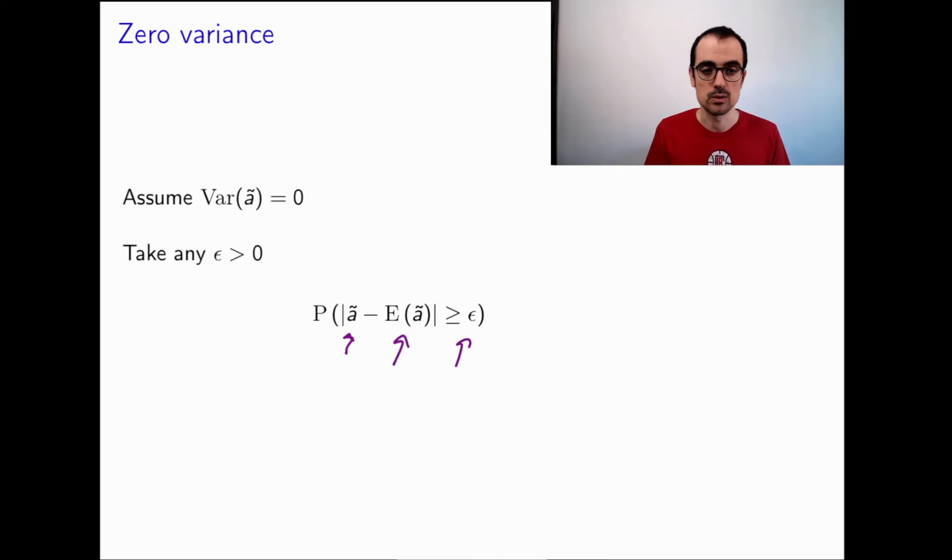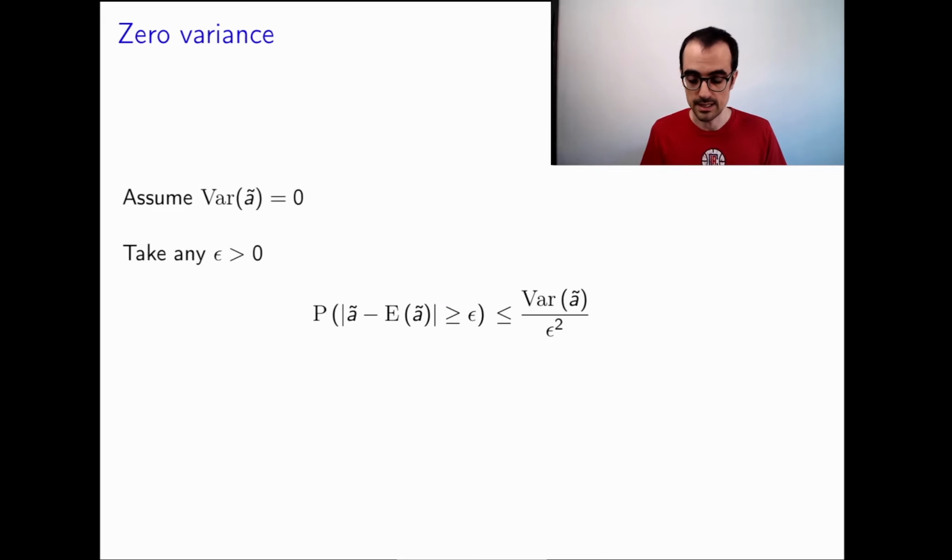Now we're going to bound this with Chebyshev's inequality, and because we don't have a square here, we're going to have to put a square there, because this is the same as squaring on both sides. Anyways, by Chebyshev's inequality, we have this bound for every possible value of epsilon.